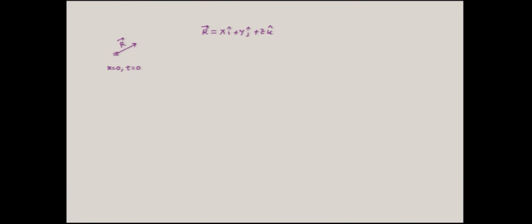If we consider the x direction, the projection here would be X, and r square would be given as X square plus Y square plus Z square.